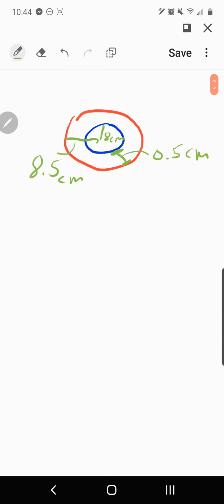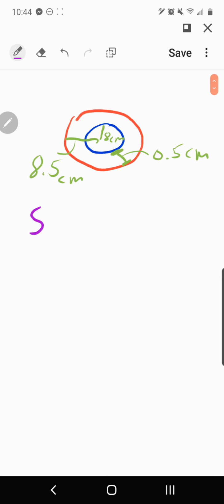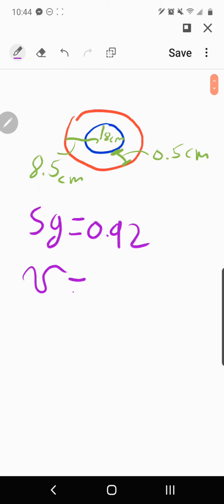All right. We have a specific gravity, let's call it SG, of 0.92, and a kinematic viscosity of 5.57 times 10 to the negative 4.